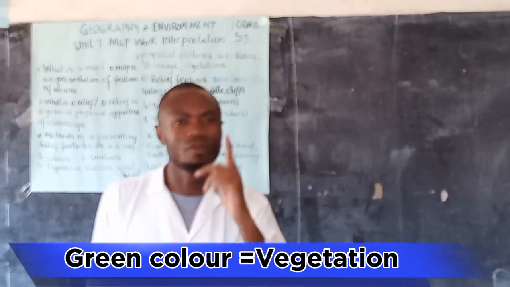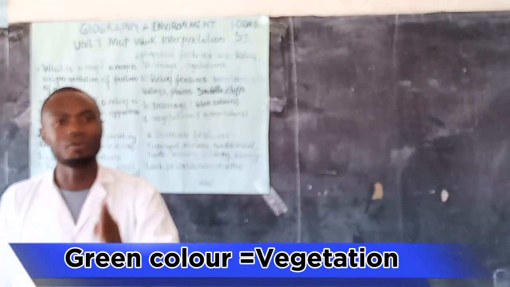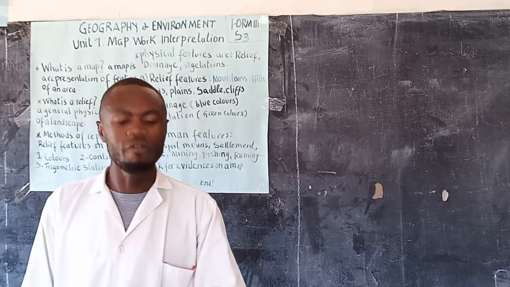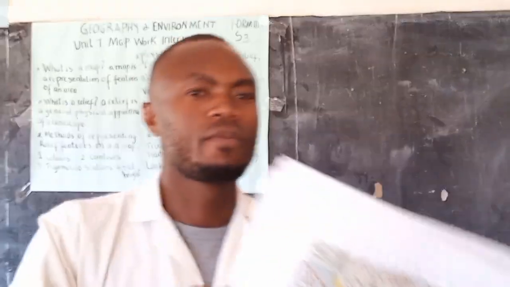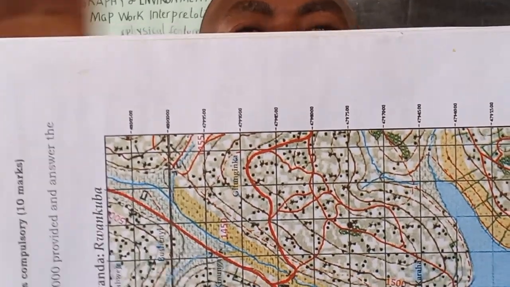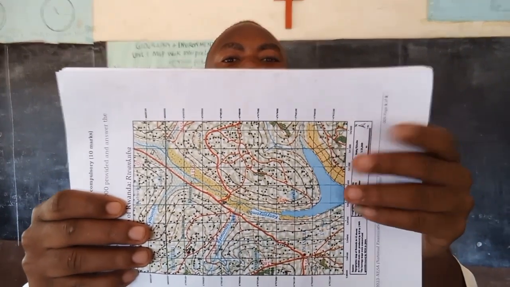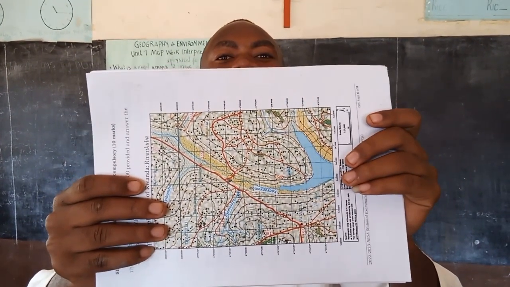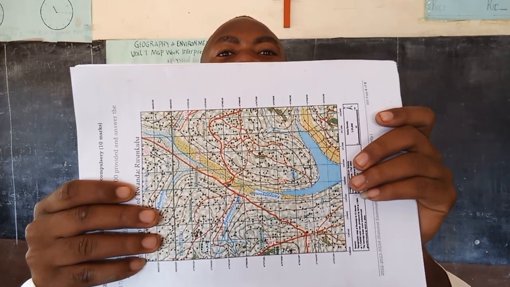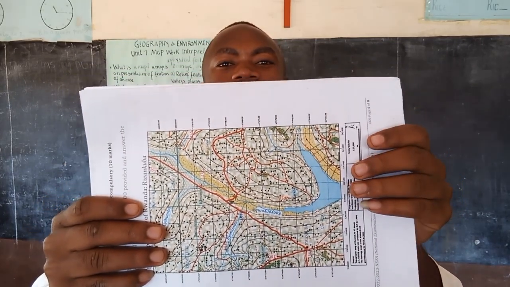Green is the color usually used to represent vegetation on a relief map. On this topographical map we have here, we need to observe where there is green color. Where there is green color, make sure vegetation covers that area.